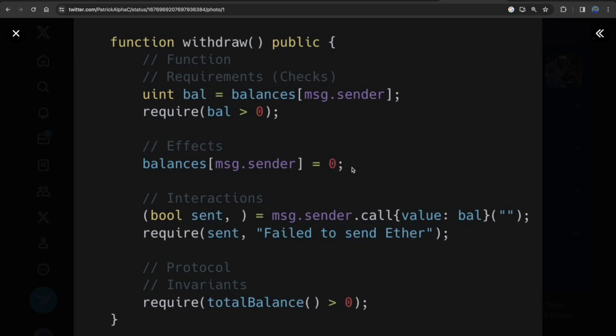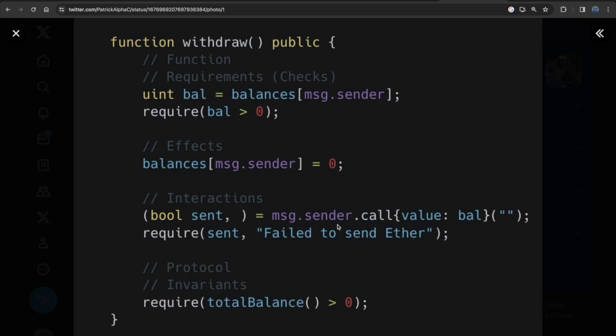The reason for this is because of re-entrancies. If we make sure that their balance has to be greater than 0 right here, they can't re-enter once they have made their first withdrawal. So that's why this pattern is needed for at least smart contracts dealing with Ethereum.